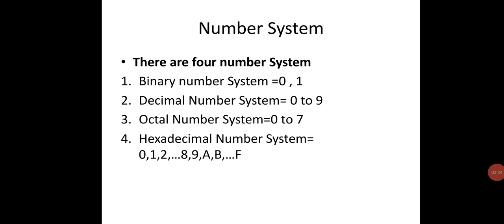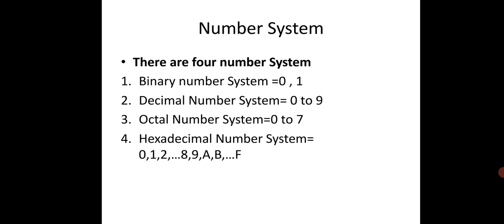The first number system is the binary number system. Binary, bi means 2, that is two symbols, 0 and 1. These are the two symbols that are used in the binary number system. Decimal number system starts from 0 to 9. The next is the octal number system, which starts from 0 to 7. And the last is the hexadecimal number system.